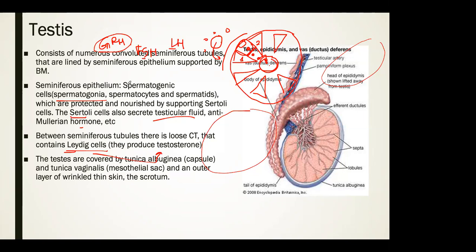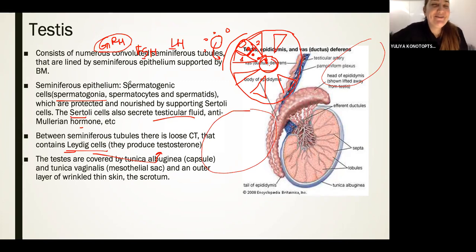Julia, I have a question. So the Müllerian duct, do we get eradicated of it, or do we just inhibit it? Amazing question. That's embryo right there. You actually have a remnant of it. We'll talk about it in embryo, but since we started talking about it, the remnant of the Müllerian duct in a male is going to be located somewhere here on the testicle, and it's going to be called appendix of testis.